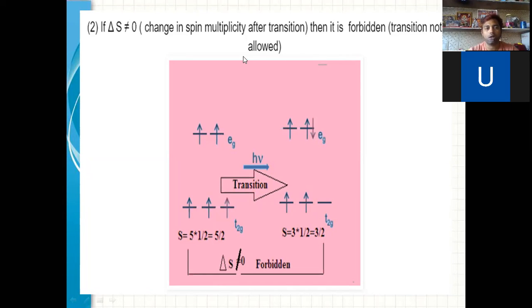Transition is not allowed. You can see here this is ground state and this is excited state after absorption of light. So delta S is not equal to 0, so this type of transition is forbidden. This type of transition is not allowed in UV visible spectroscopy. So these are a few selection rules in UV visible spectroscopy.